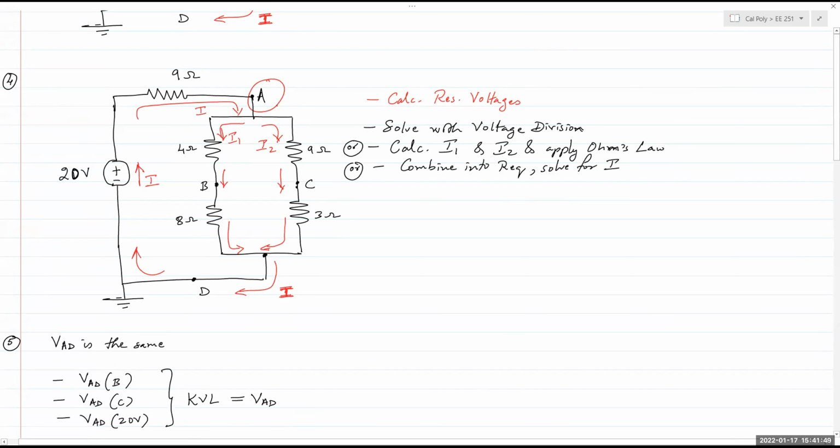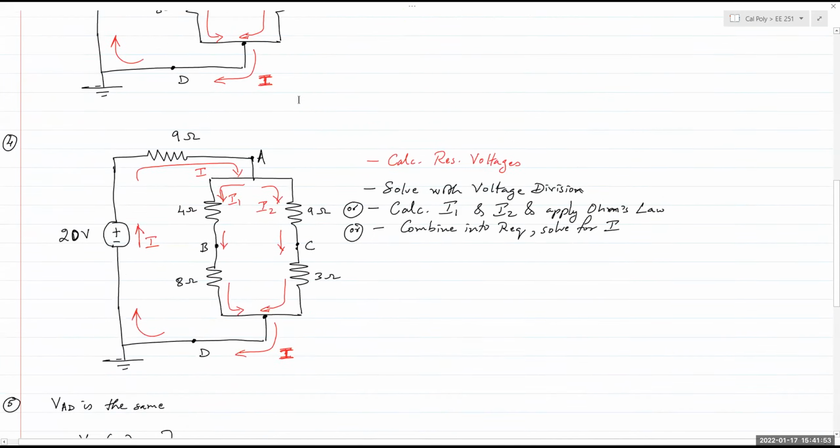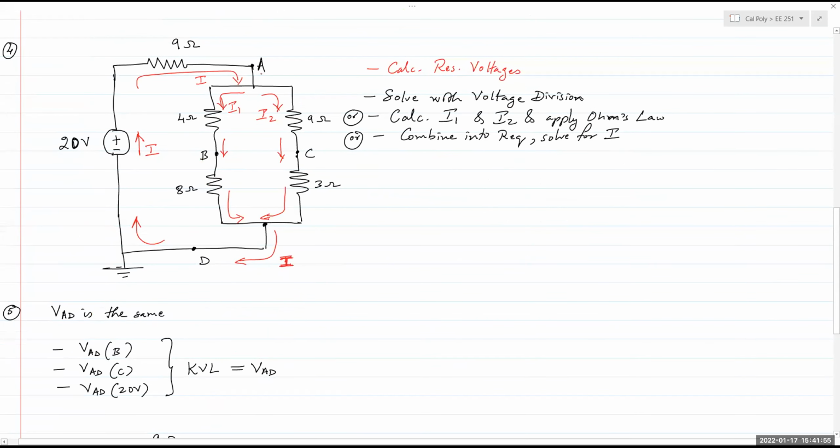If we start at A, I can take this pathway and go to D, I can take this pathway and go to D, or I can take this pathway and go to D. And that's what the question is asking you.